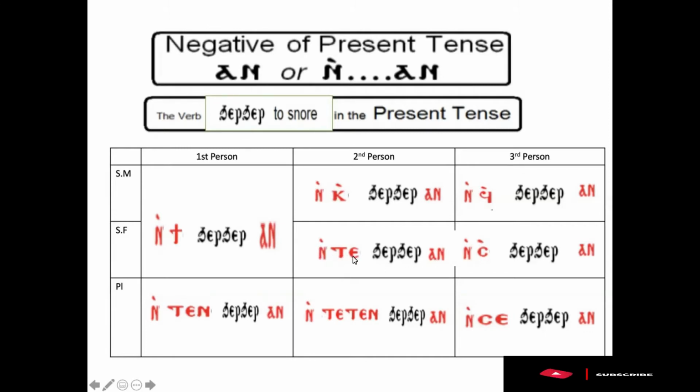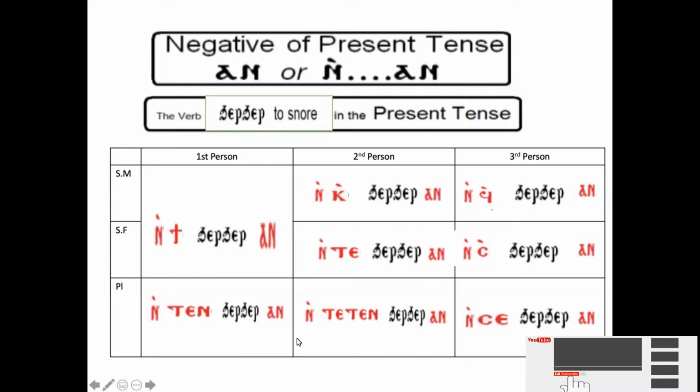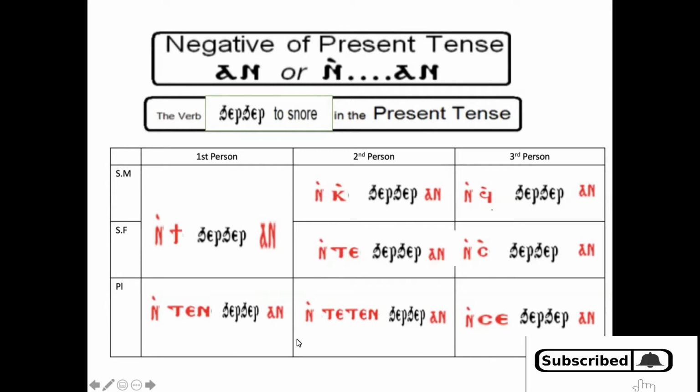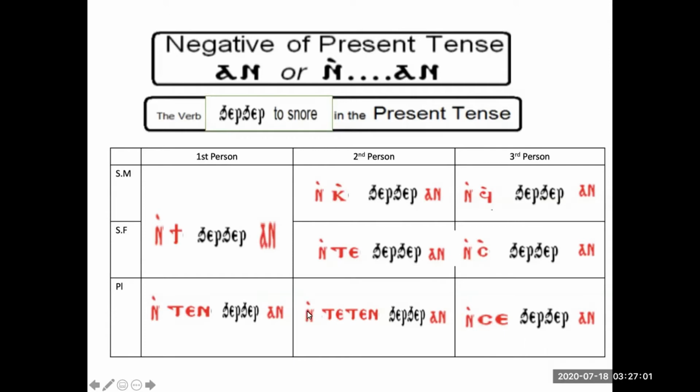If you're talking to plural and you're saying you do not snore, you say in, te, ten, khair, on.